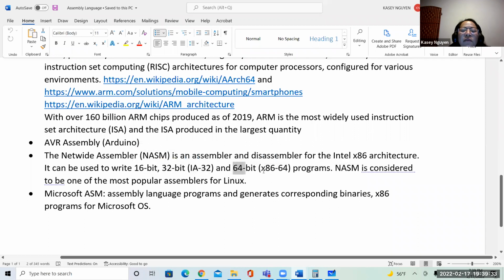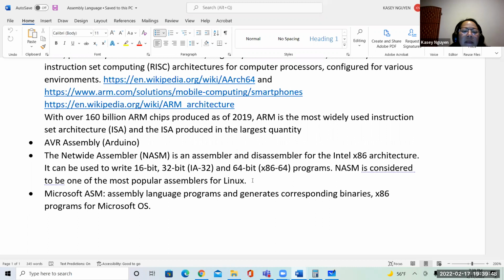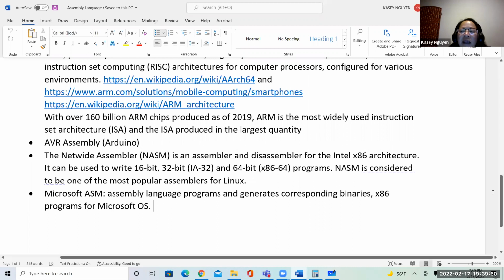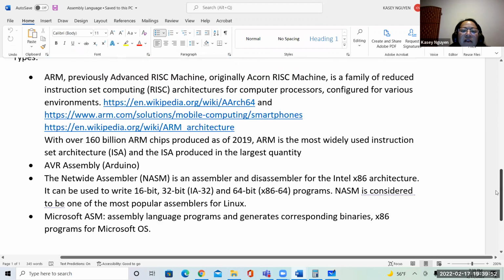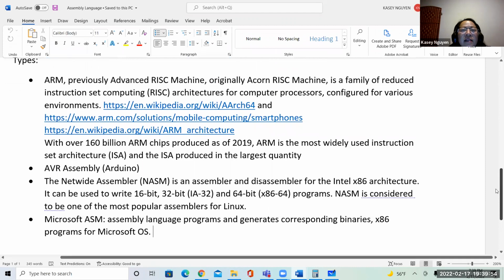And then now we would see the x64-bit, x86 to x64. This is the most commonly used assembler for Linux systems. And then I talked a lot about Microsoft ASM earlier. So those are some of the assembly languages that you would hear or see.